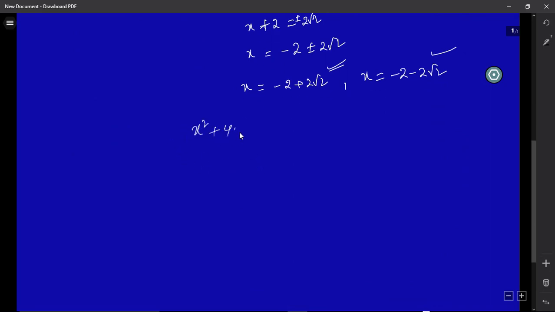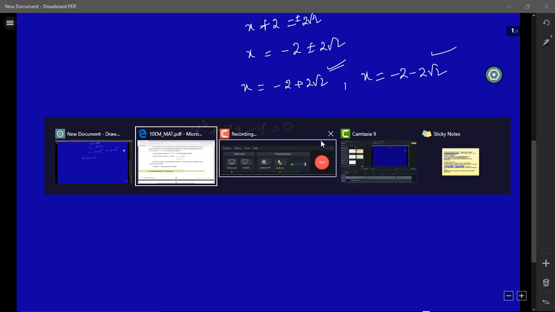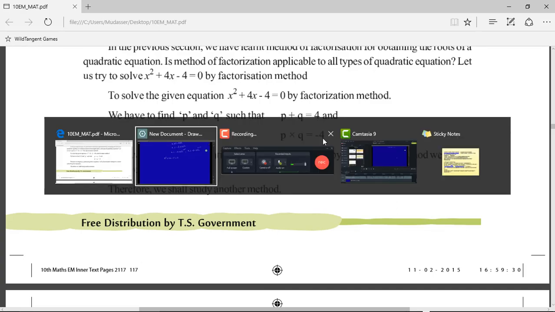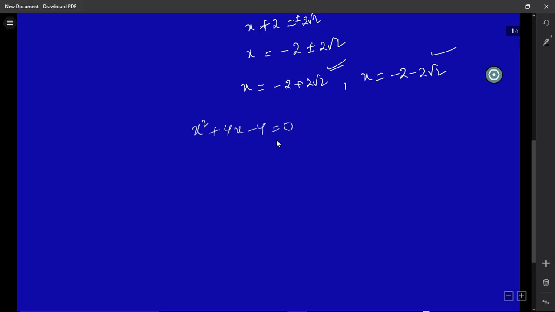X square plus 4x minus 4 is equal to 0, right? Let's try the same method of completing the square by using a slightly different logic here.